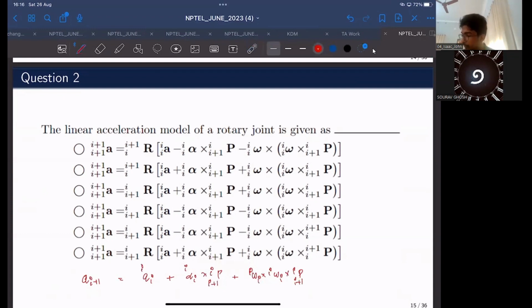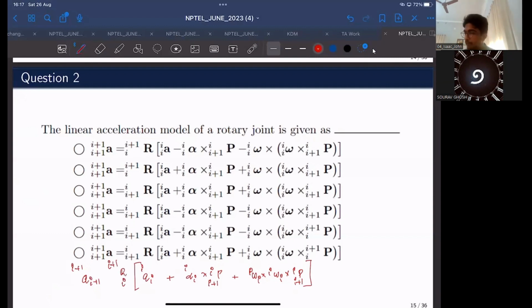But for us to make it recursive, we would prefer A I plus 1 to be represented with respect to the I plus 1 frame. So for that, we have to multiply all the terms that are in the ith frame with the appropriate rotation matrix. That is, we have to transpose it from the ith frame to the I plus 1 frame.